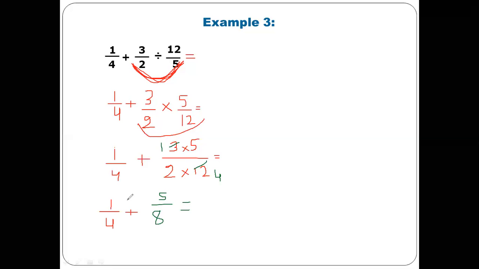Now I have to add the two fractions. I should stop here and think, how can I add these two fractions? Well, I have to make same denominator.